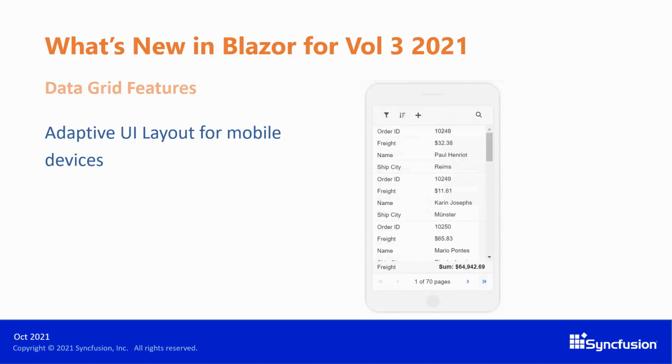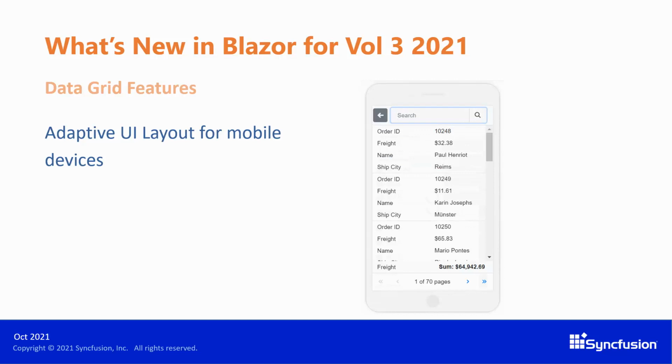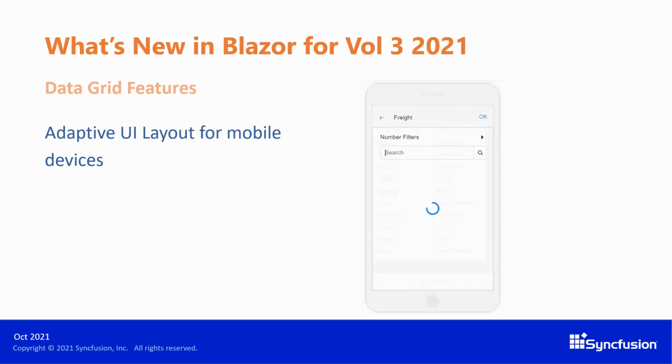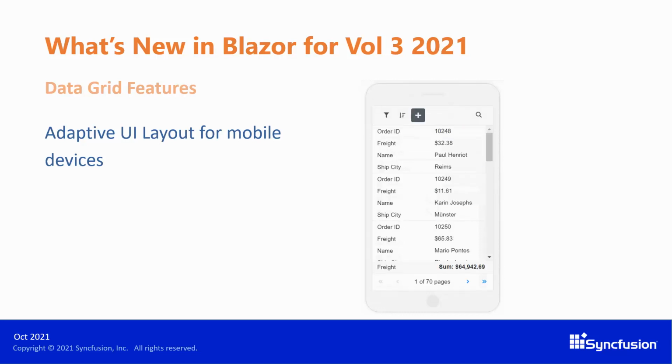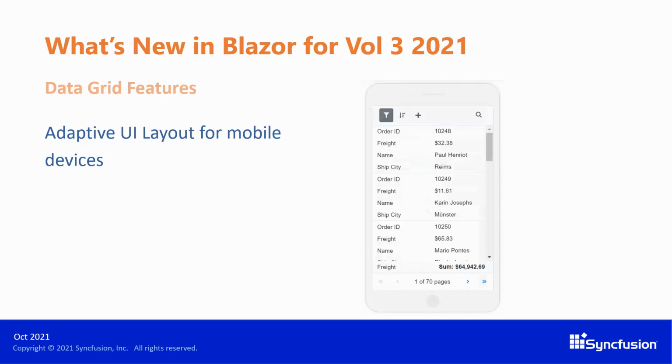Its built-in features like filtering, sorting, searching, and other editing actions, all other features have been redesigned considering the mobile factors, and even the row rendering has been modified for the mobile layout, which you can check out from our demo page.